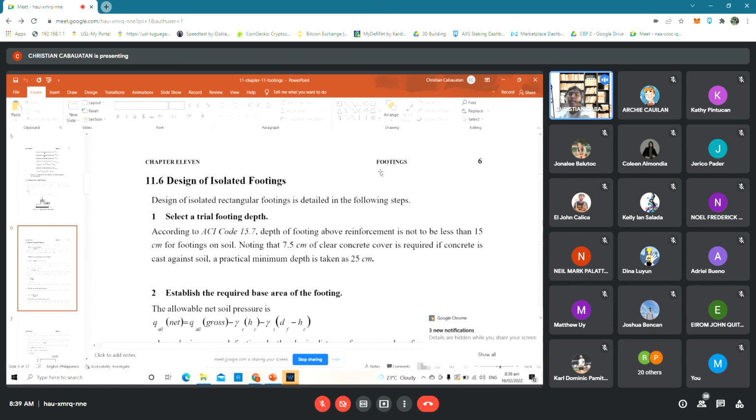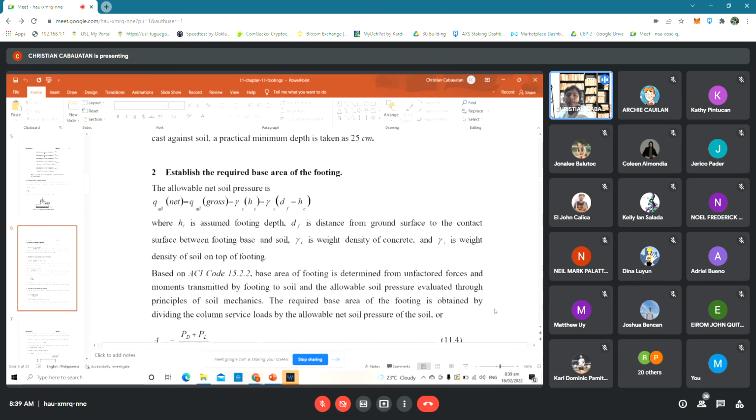That is medyo malalim na rin. Next, to establish the required base area of the footing, you get it from the Q allowable net. We will ponder on this and expand our knowledge of it in the next discussions.